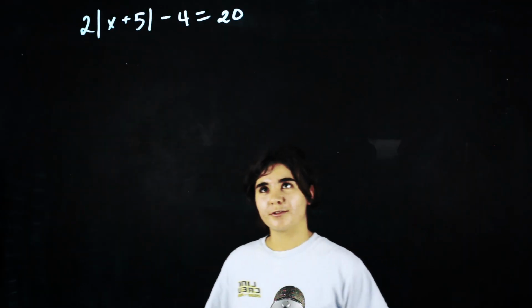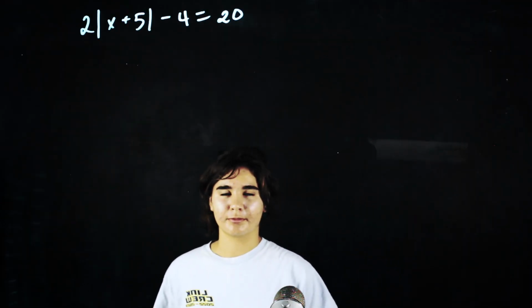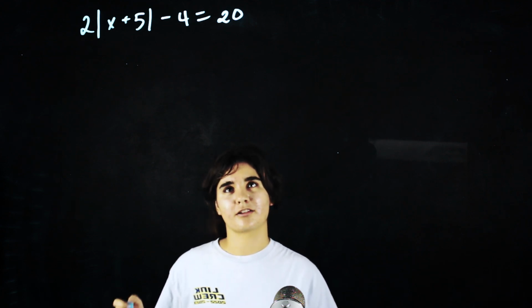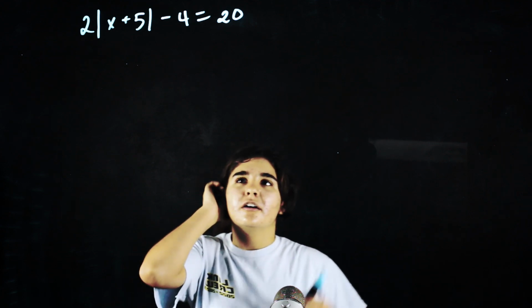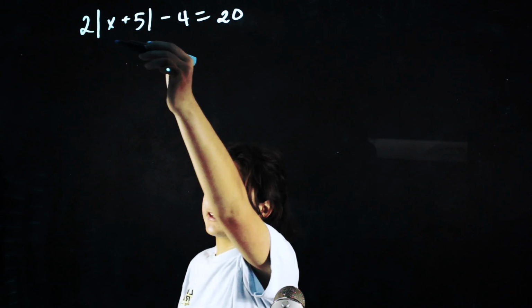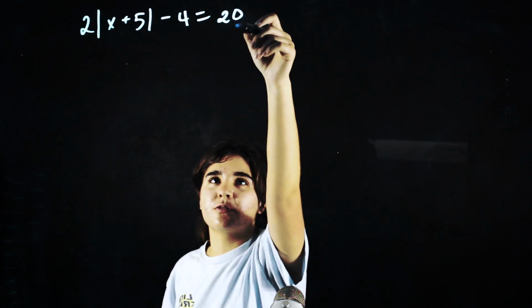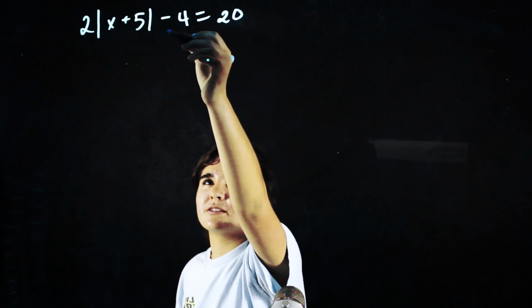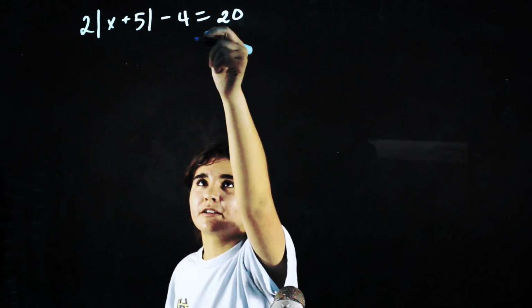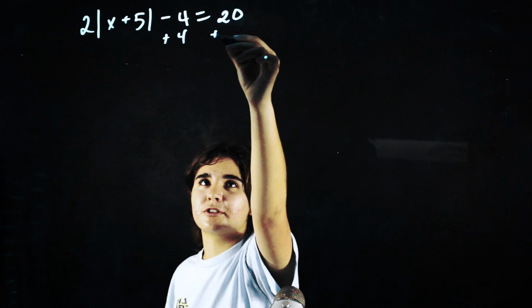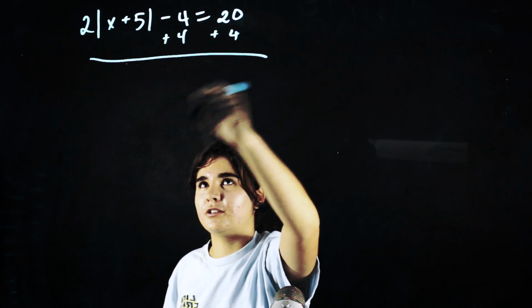Okay, so I'm just going to do a really quick example problem that's a little bit more complicated. We are trying to solve for x, meaning we have two terms on this side of the equation and one on this side, and we want to just isolate the variable x. So we can add 4 to both sides. We're just solving this like any other equation.